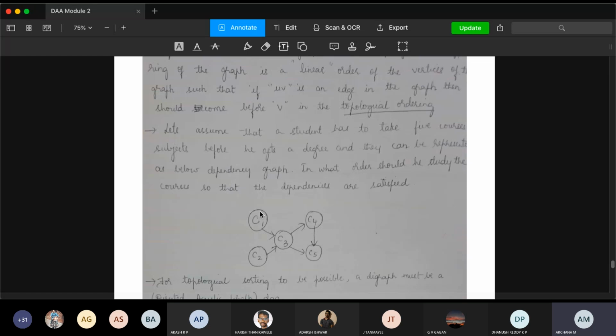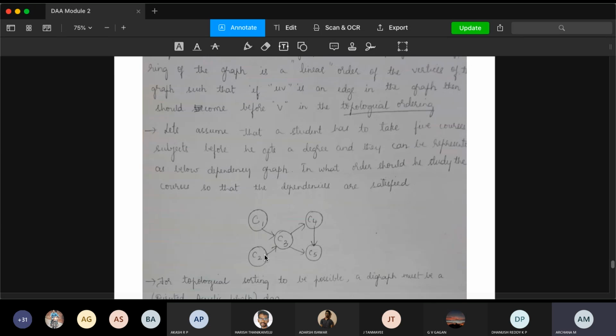Now I have to take this as a topological order and show in which way the student has to select the courses. Can you tell me, according to your knowledge, without using any sorting techniques, what should be the normal order of selecting the subjects here?